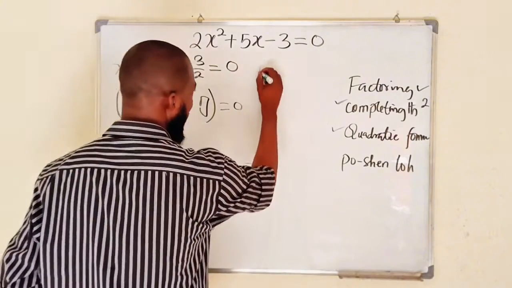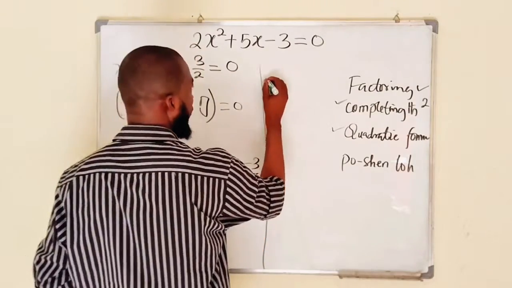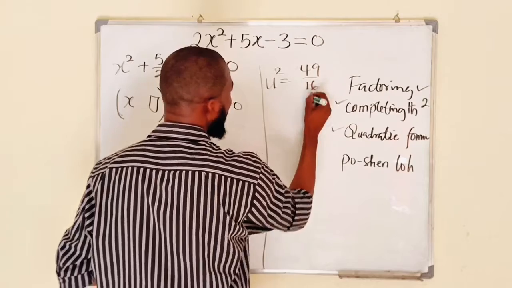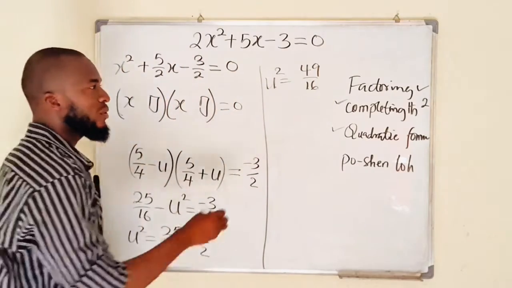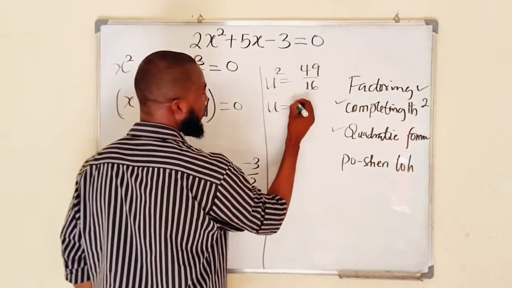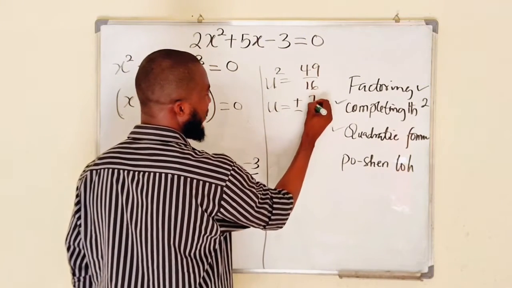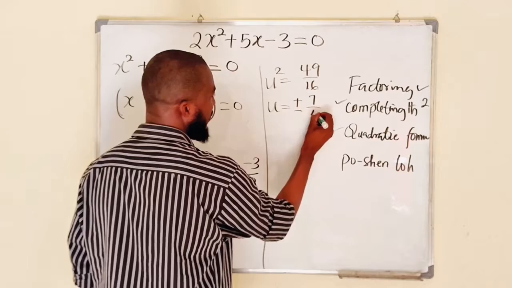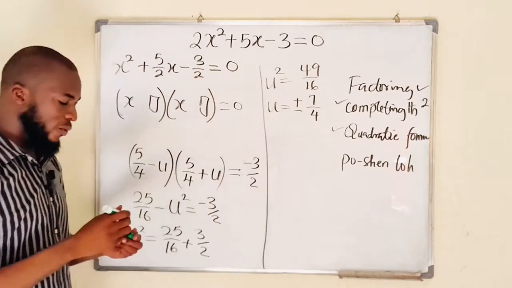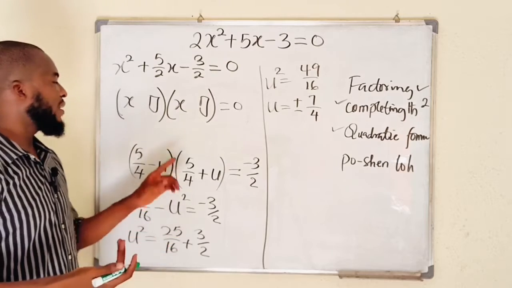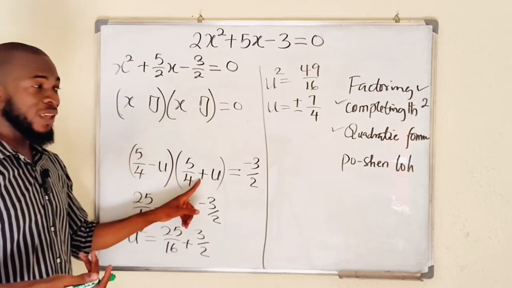So let me continue here. u squared is equal to 49 divided by 16. If you take the square root of both sides, you have u equal to plus or minus. Square root of 49 is 7. Square root of 16 is 4. So we have plus or minus 7 over 4. But I don't need that plus or minus because I already have minus and plus here.